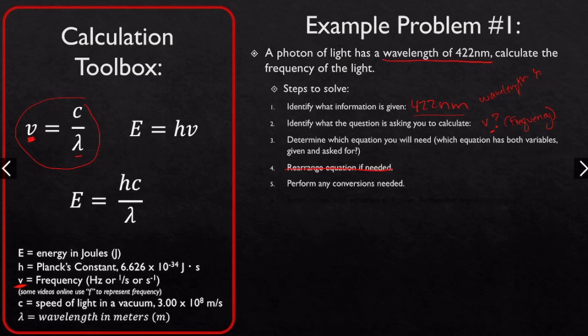My wavelength is given to me as 422 nanometers, so I am going to need to convert that. I'm going to write 422 times 10 to the negative ninth meters. And there's my conversion. Remember, I just switched out nano for times 10 to the negative ninth.